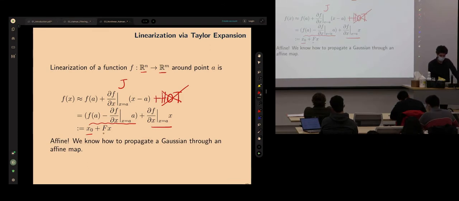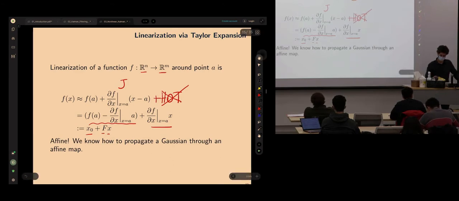Your Jacobian evaluation is f, and x is the variable. Now, this is an affine. When you linearize, you can always do that. If the function, again, is analytic, you get affine, and we know how to propagate a Gaussian distribution through an affine map. So the problem is solved by this method.